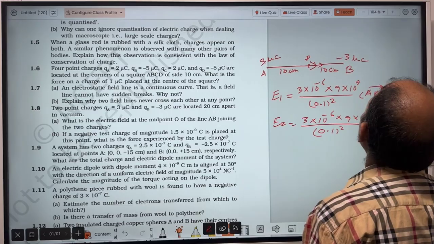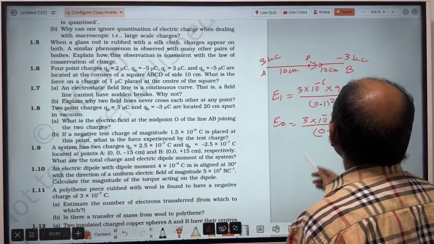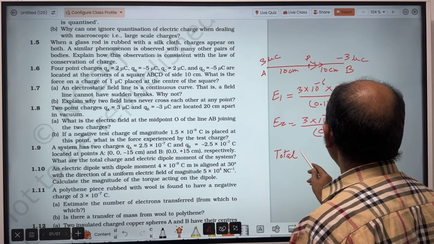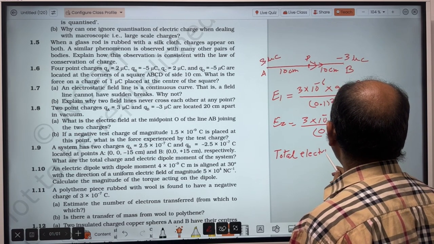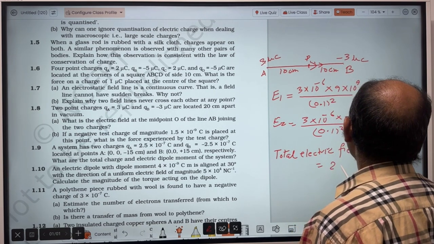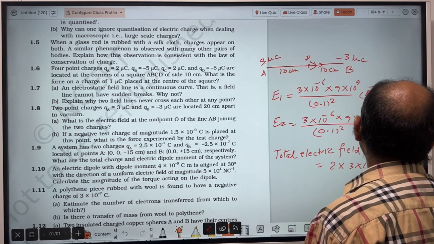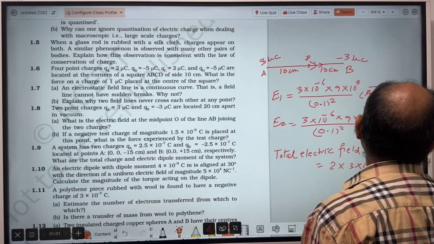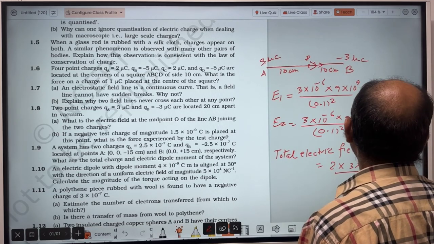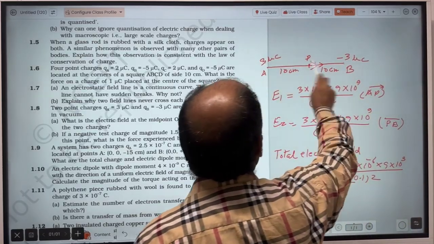Since both fields are directed along the same line, the total electric field will be the sum of the two, twice of any one: 3 into 10 to the power minus 6 into 9 into 10 to the power 9 divided by 0.1 square, and the direction will be from A to B.